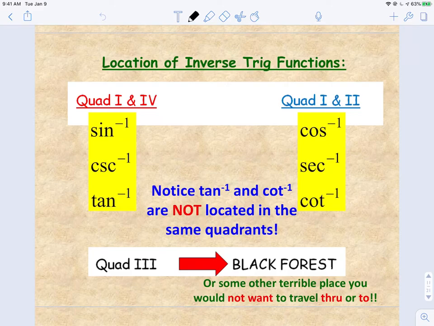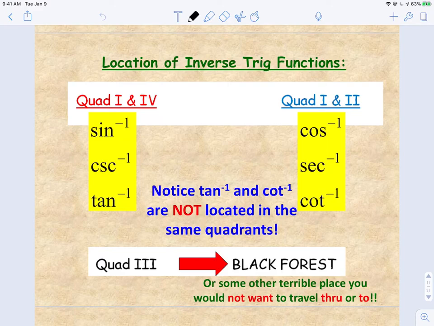We've learned that the inverses of all 6 of the trig functions are not functions themselves, and the only way that they are functions is if we restrict the domain or limit the quadrants that we access when we're doing inverses. So sine, cosecant, and tangent, just the inverses of those 3 trig functions, are limited to quadrants 1 and 4.